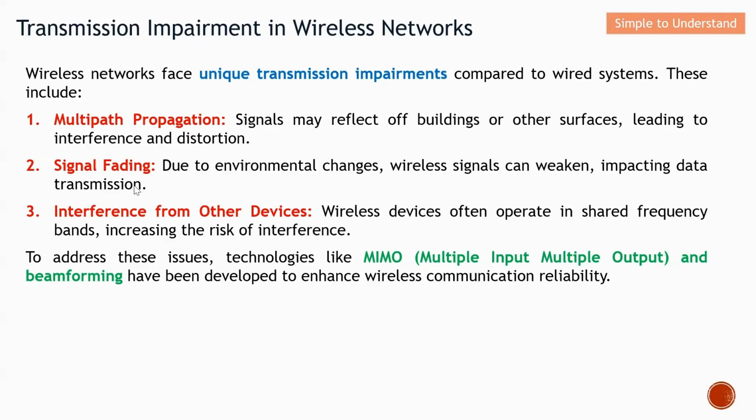Next is interference from other devices. Not only are you transmitting over the air, a lot of devices also transmit over the air. All this can be a form of interference.